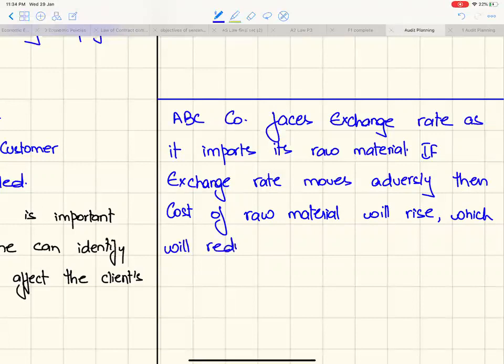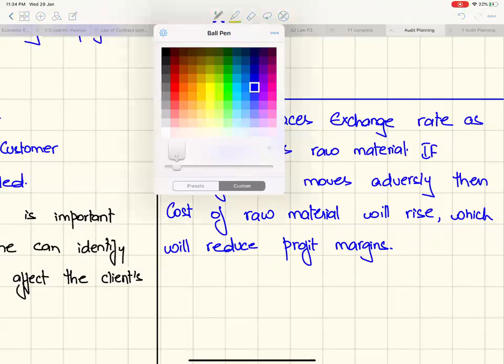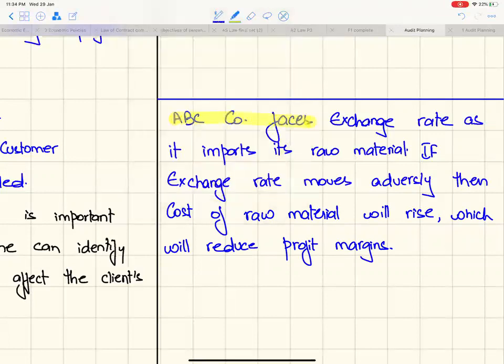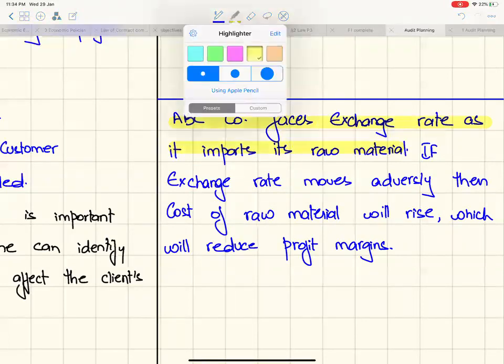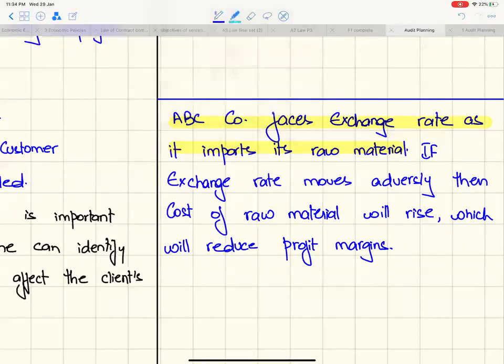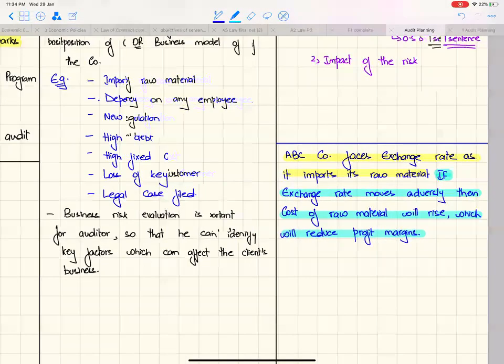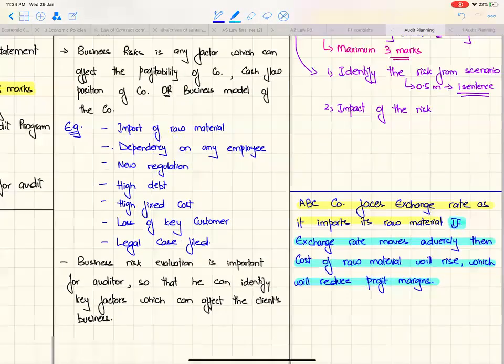Now, this is the impact that what will happen. What you need to understand is that the first part of the risk was the identification part. Now, the second part of the risk is the impact part, when I have written what if this risk materializes.